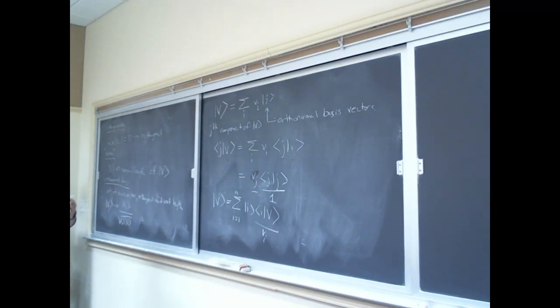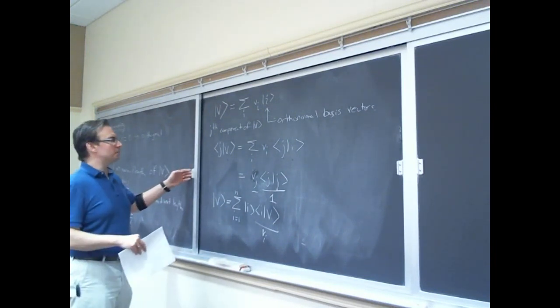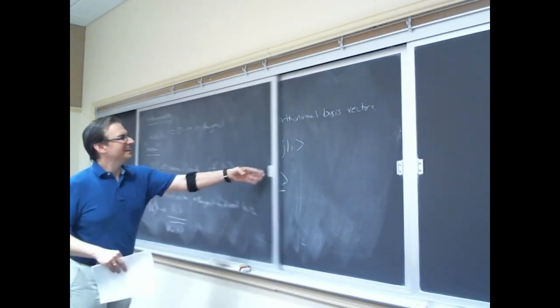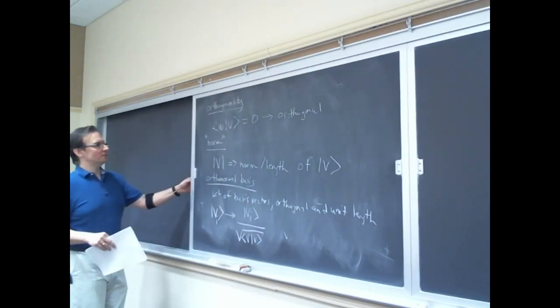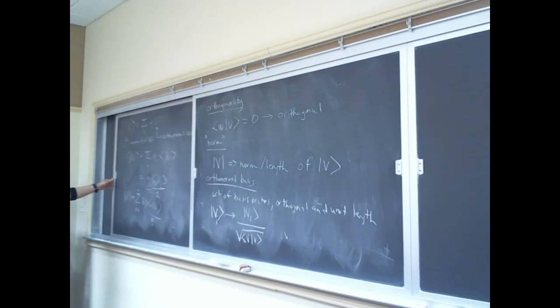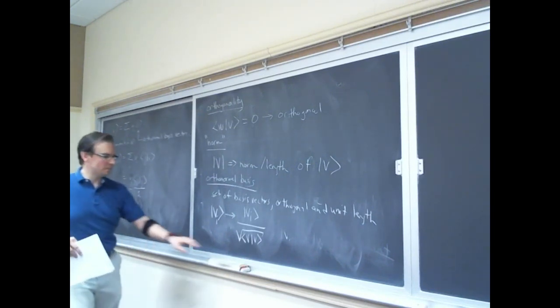And then finally, let's say you want to find an orthonormal basis set. This is the application of the so-called Gram-Schmidt theorem or the Gram-Schmidt procedure. And it's just an exercise in calculate, rinse, and repeat.